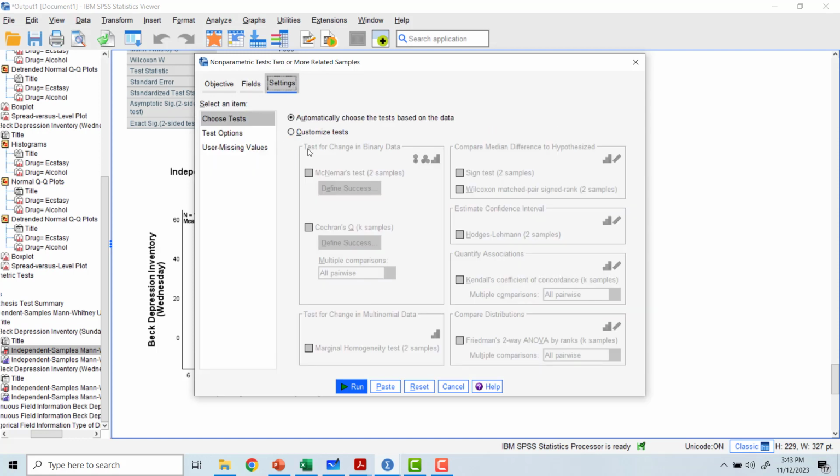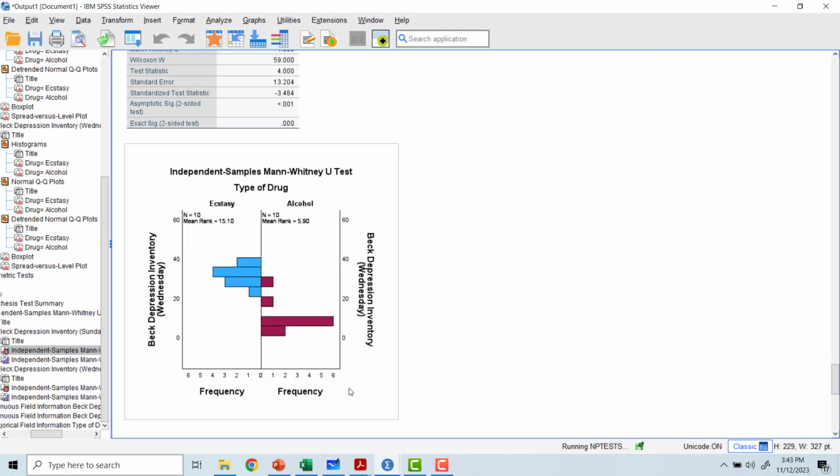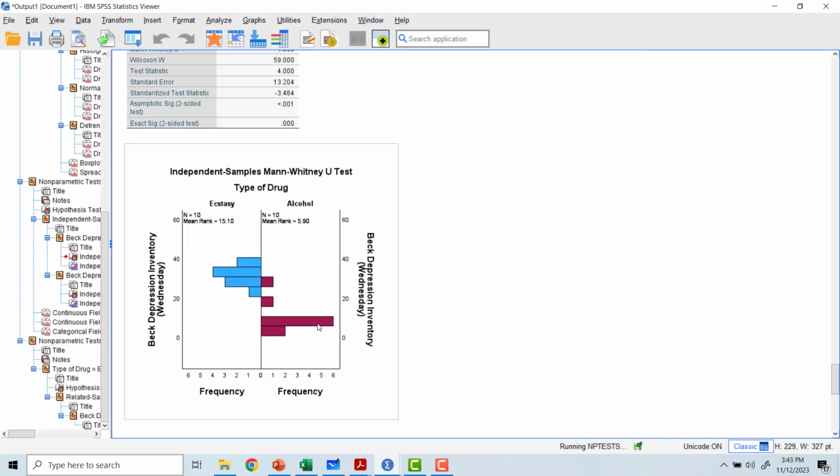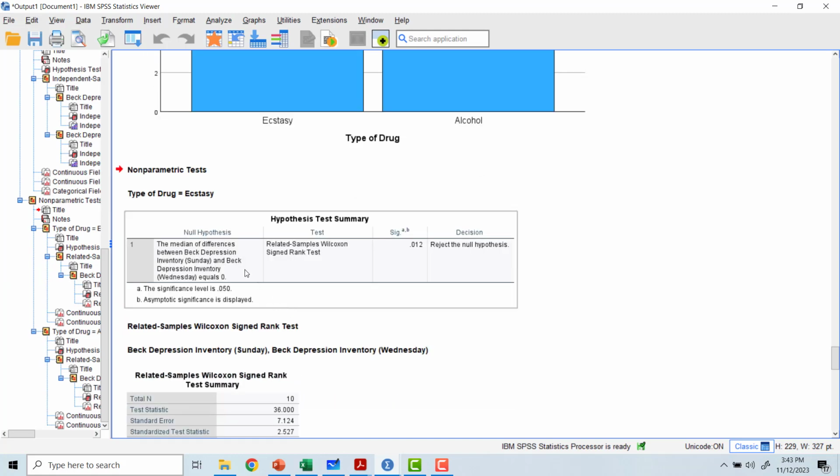We're just going to customize the test, and we're going to do a Wilcoxon matched pair signed rank test. A few of these I've never run, like Kendall's coefficient of concordance, and I've certainly never run Cochran's Q test. Okay, so let's run these and get the output.